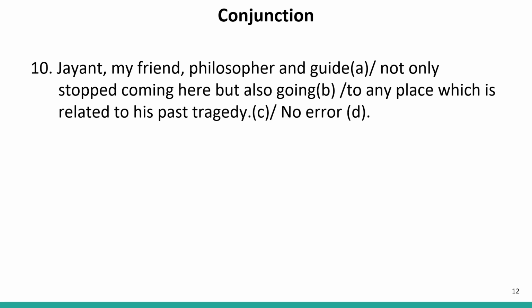In this sentence, we have two things included. Jayant, my friend and philosopher, this is an attribute, so we are talking about Jayant only. Now, what did he stop? Going and coming. So these are two activities that he had stopped.